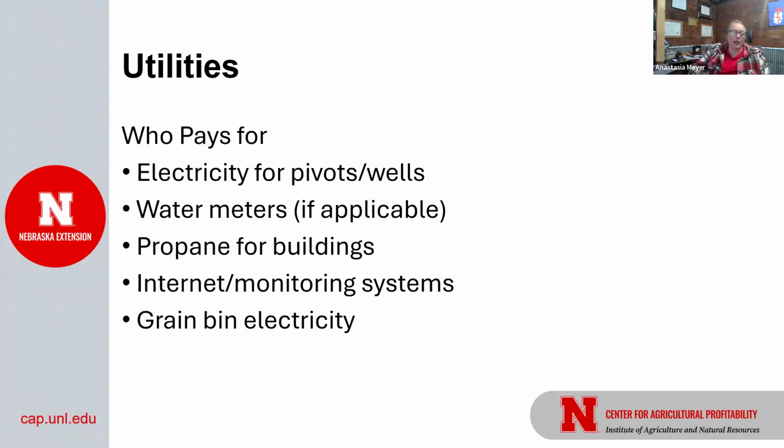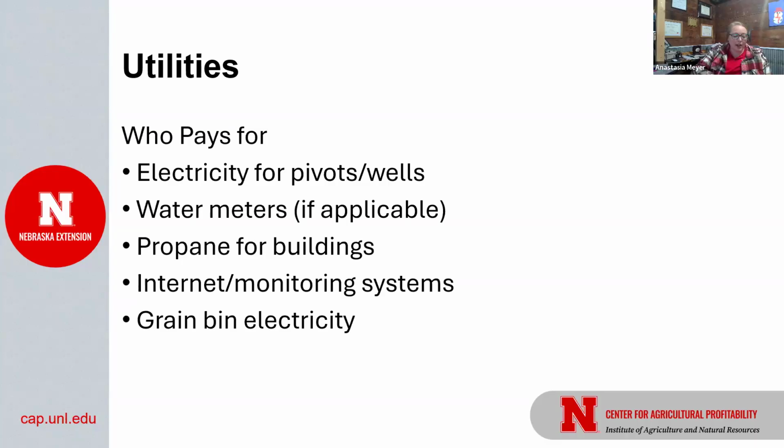If you have a piece of ground that has utilities, specifically like grain bins, for example, who's paying for the electricity for those grain bins, pivots, water meters? Who's paying the propane, all of that? Make sure you're outlining who is paying for those utilities.